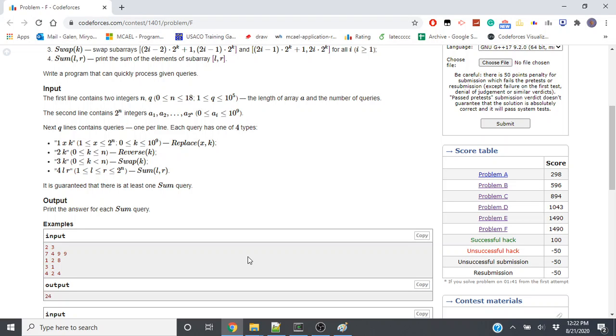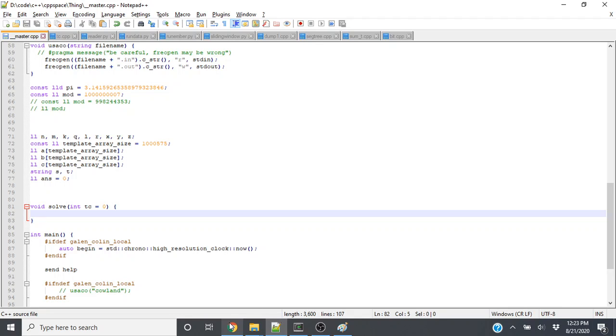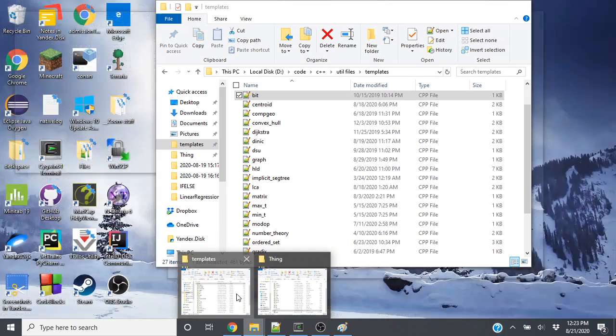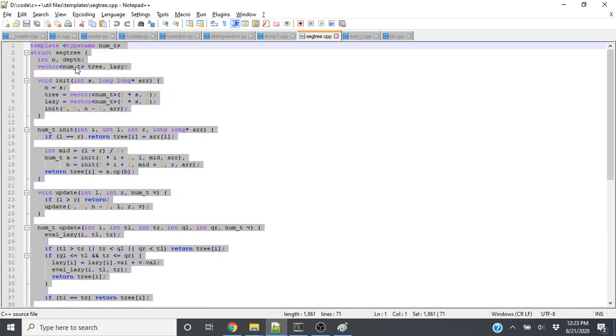So then we assume order doesn't matter. Then somehow we need to make queries happen. I don't think we're gonna clutch this, to be honest, but we might.